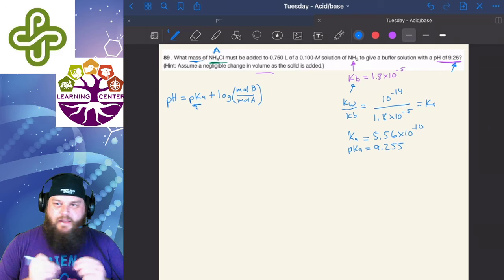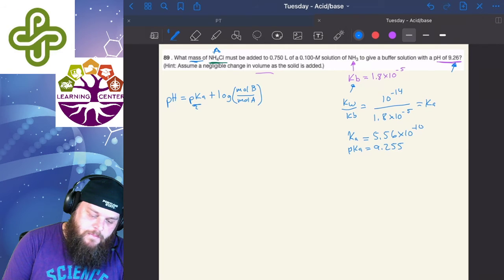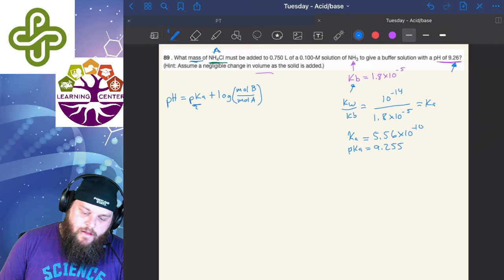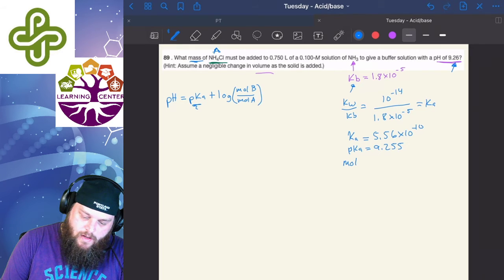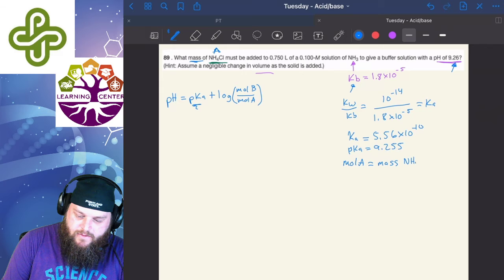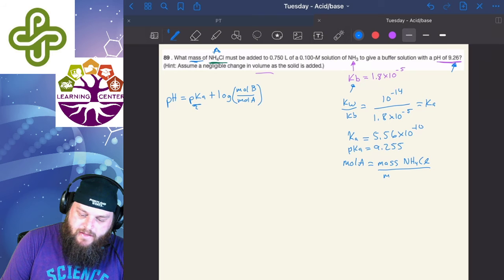In reality, it's real close, but it's not quite there. We want to ultimately find the moles of acid so we can determine the mass of that acid. So now that we have the pKa value, I'm going to write what I'm going to go about. The moles of that acid is equal to the mass of that NH4Cl, which is ultimately what we want to find, divided by its molar mass.